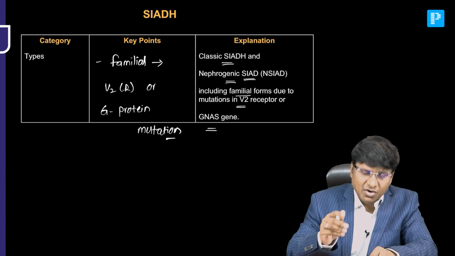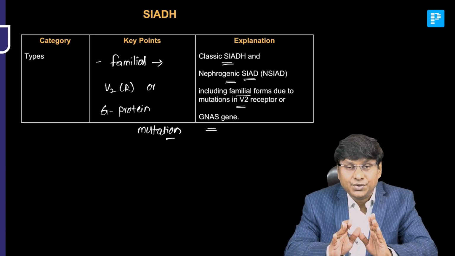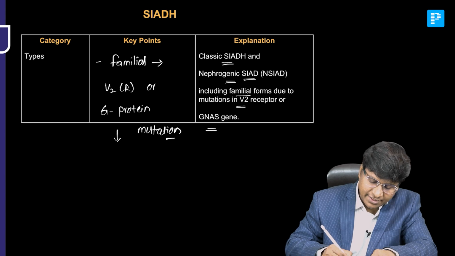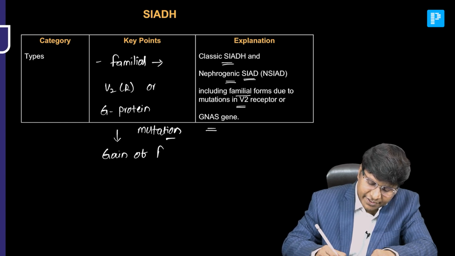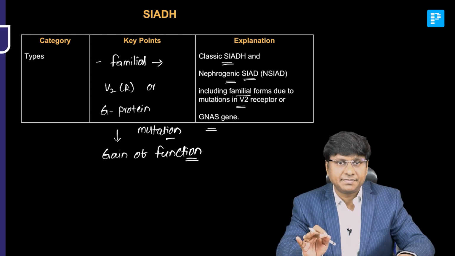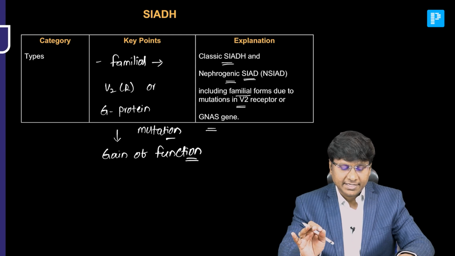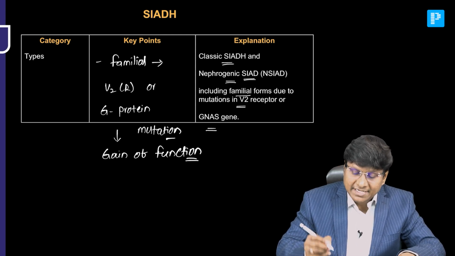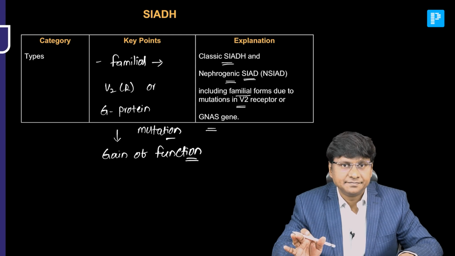Now, because of this particular mutation, you don't have excess ADH, but what happens in these individuals is there will be gain of function of the V2 receptor. So that will be the problem in case of the genetic or familial form of the SIAD, right?